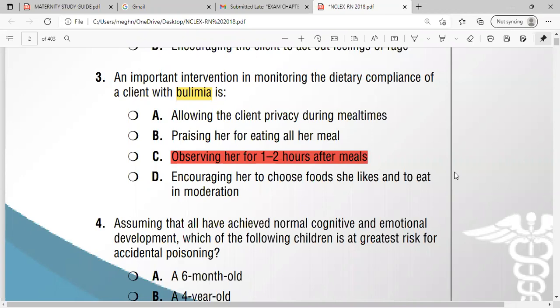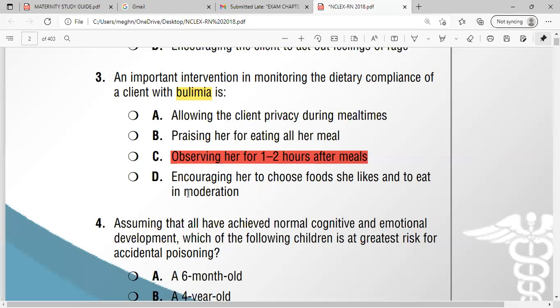So allowing privacy, as stated in answer A, will only give the client time to vomit. If you give them privacy, they will induce vomiting, so it is not good for them, right?